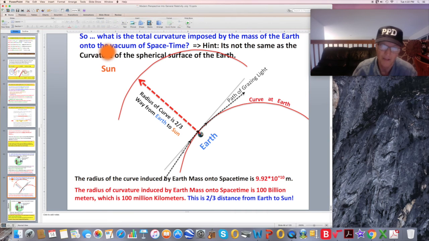It comes in at this angle, and then gets curved in the vicinity of the Earth. And then it comes out and starts going straighter and straighter, and then it's going straight through space-time again, away from the Earth. You get that path of grazing light, which looks pretty darn straight.